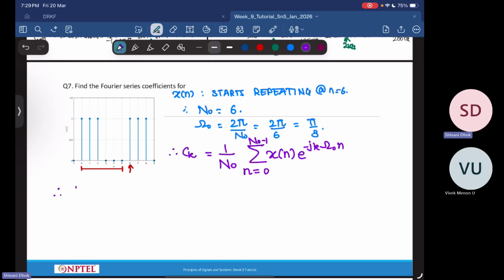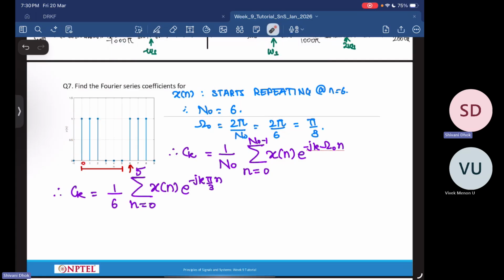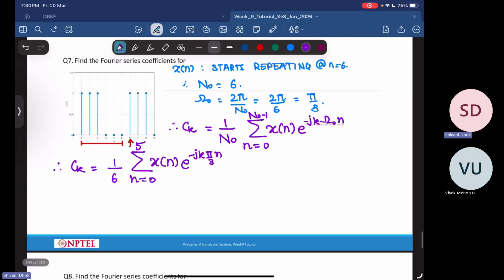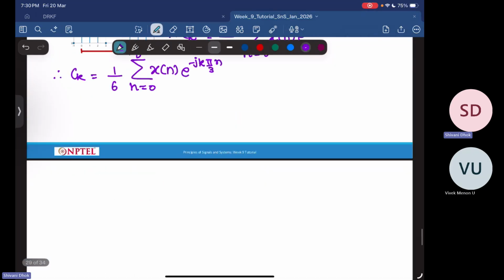So therefore Ck is equal to 1 by n naught, which is 6, summation n running from 0 to 5 x of n into e power minus j k pi by 3 into n. Now the only three values are non-zero. So for n equal to 0, 1 and 2, it is non-zero. Otherwise, it is 0 in a given period, or rather the period of our interest.